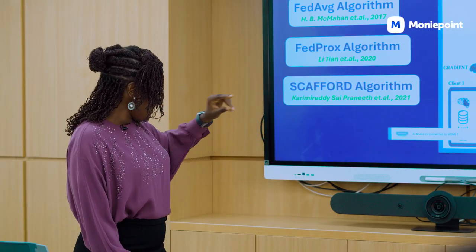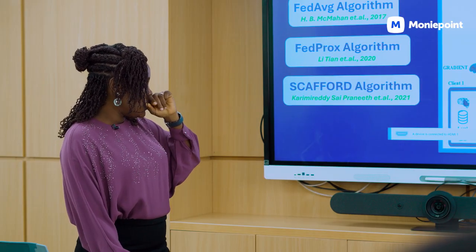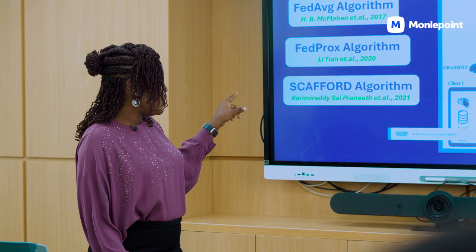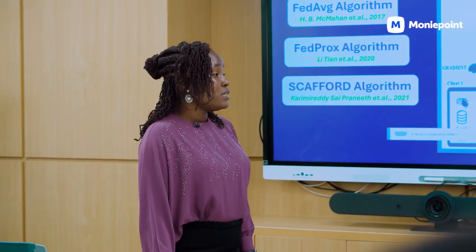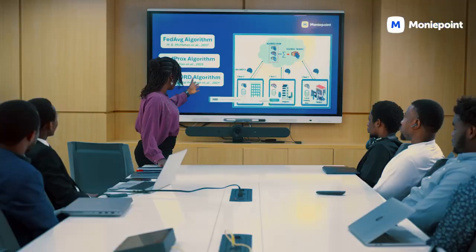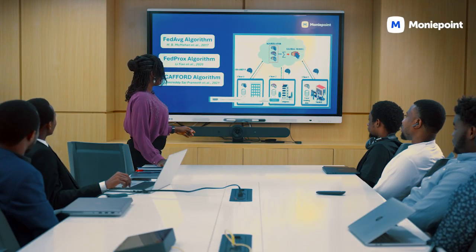Then the SCAFFOLD algorithm, we couldn't experiment with it. We couldn't use it because, number one, the algorithm wasn't made public. They just reported that it gave better results than, in fact, the accuracy was not reported. They just noted that it gave better results than FedProx. So what was used?